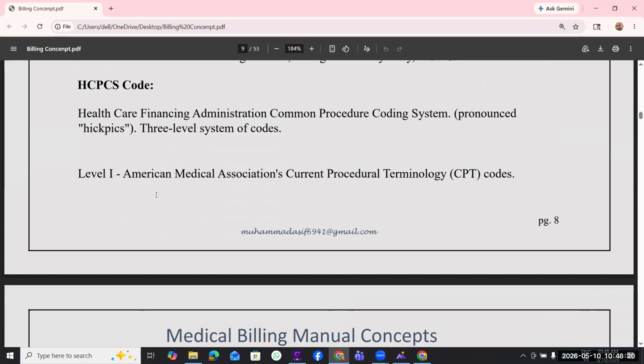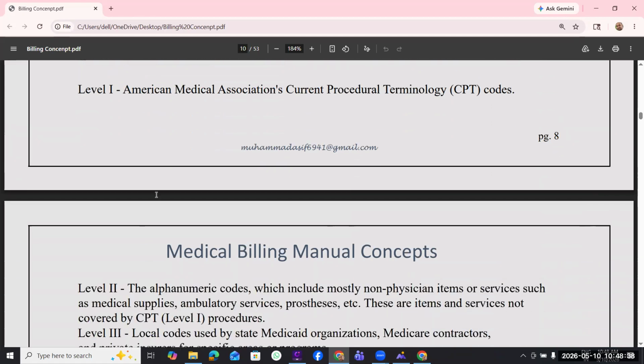HCPCS is Healthcare Common Procedure Coding System. It is the full form, and it is a three level system of codes. Level 1 is the American Medical Association Current Procedural Terminology, CPT code.